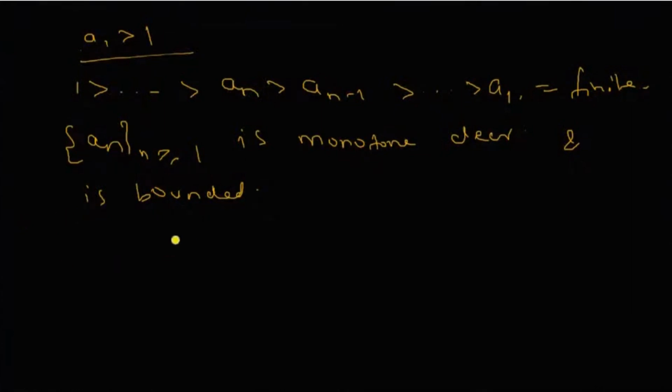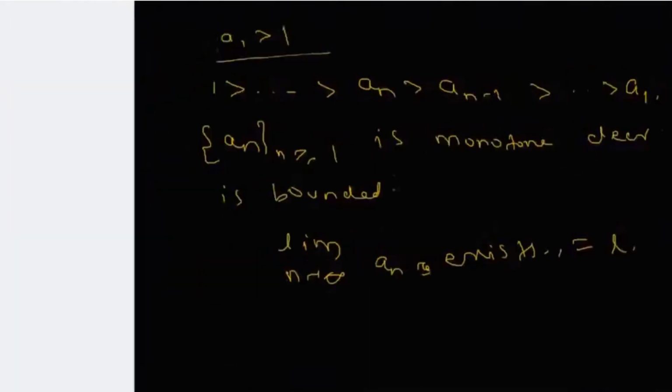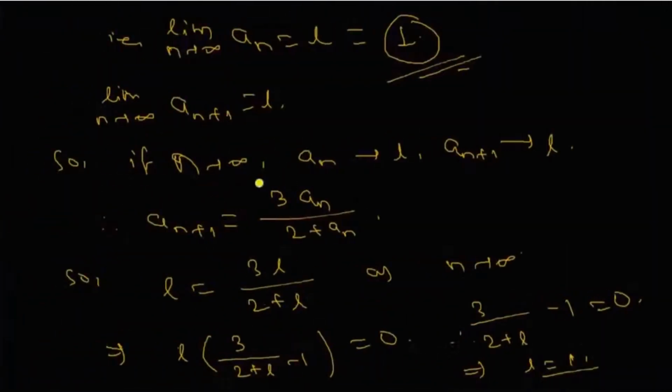So you'll get again that the limit as n tends to infinity of a_n exists by the Bolzano-Weierstrass theorem, and you may assume this to be L.